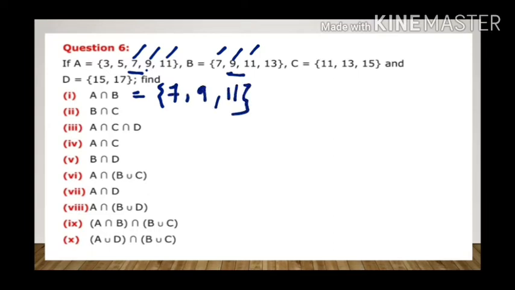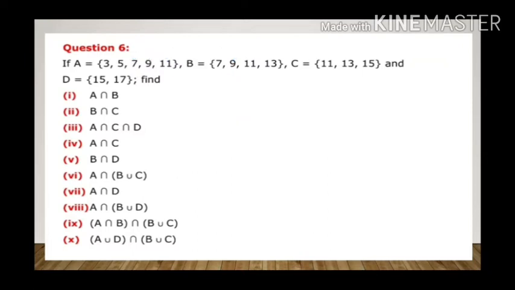Now similarly for B intersection C, the common part is 11, 13. 11 and 13 are common to both B and C. So B intersection C will be a set containing 11 and 13.